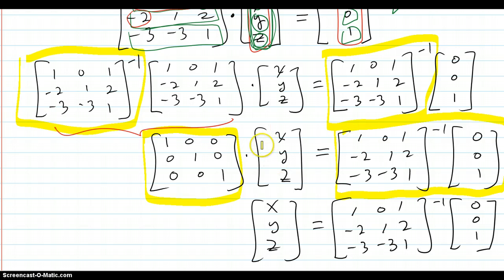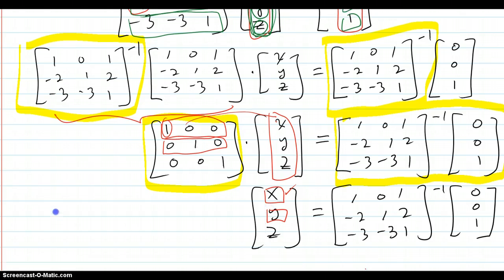Now it's interesting that the identity matrix times the XYZ column matrix will give you the XYZ column matrix, because row 1 times the column will give you your 1x, that's x, 0y, and 0z. That's why you just end up getting x for the first one. When you multiply the second row times the xyz, you're going to get 0x plus 1y plus 0z, and that's how you end up with the 1y.